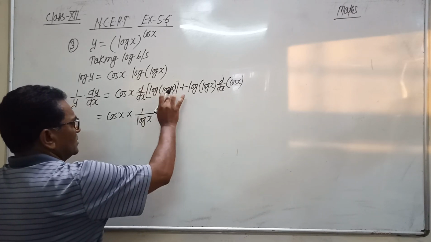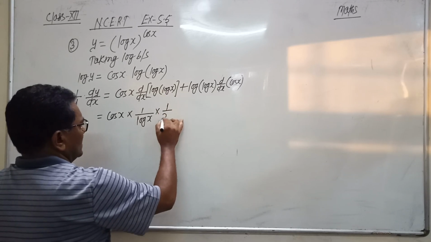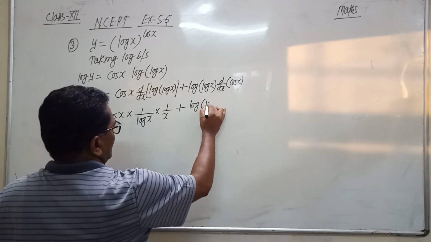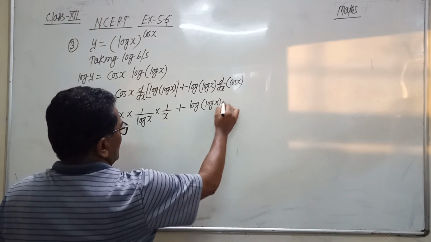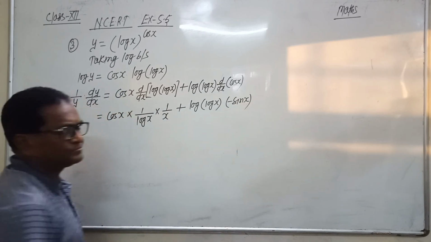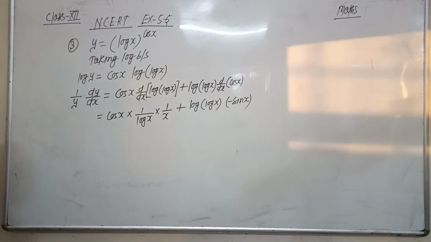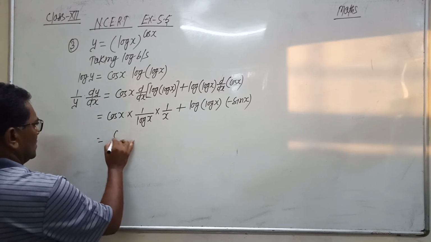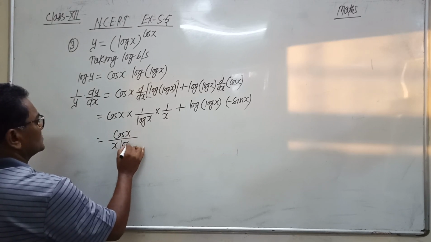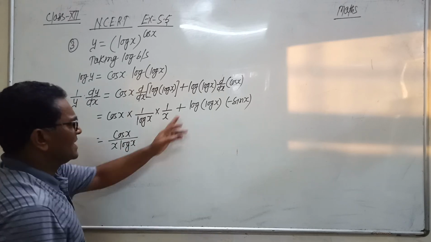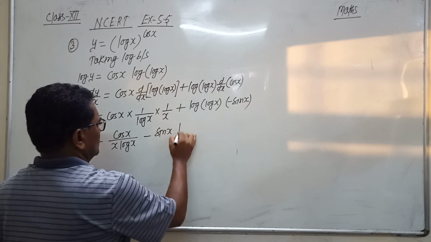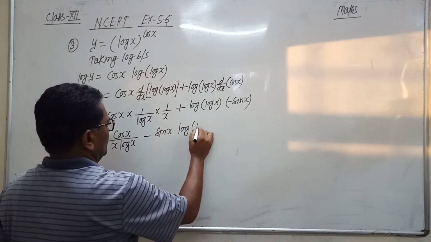Now drop log, differentiation of log x is 1 by x, plus log x and differentiation of cos x is minus sin x. So it becomes cos x upon x log x, plus minus sin x into log of log x.